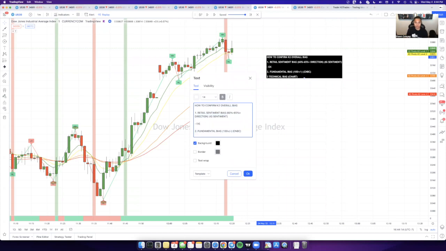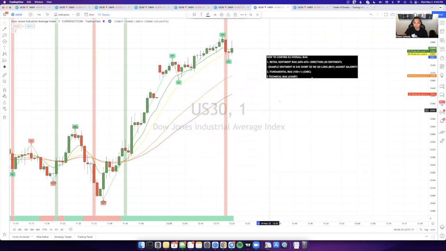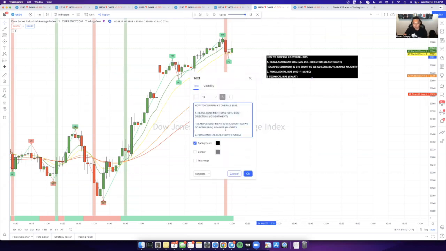Example: sentiment is 54% short, so we go long, against the majority. So there goes the example for retail sentiment.